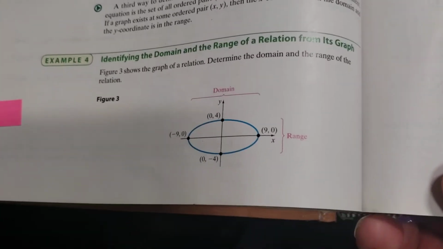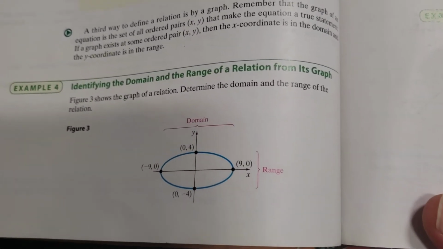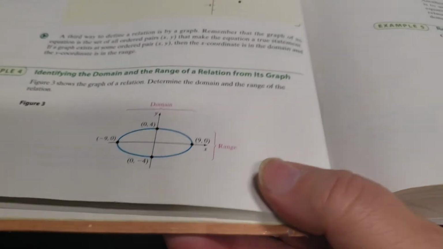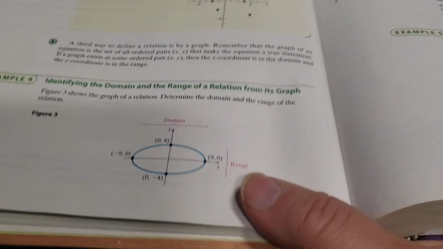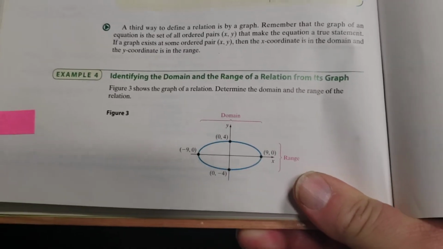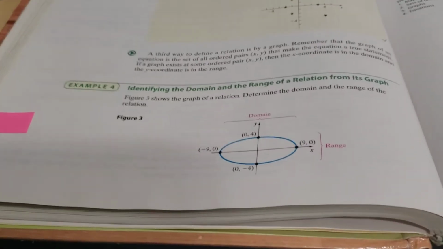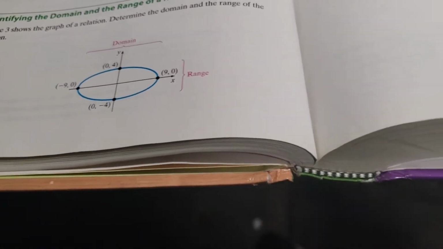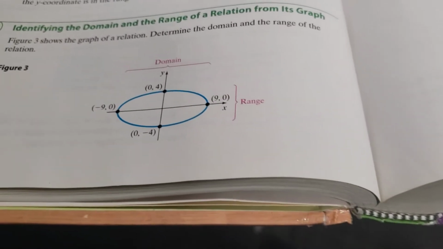The question, and hopefully you're seeing this on your own in some way. I mean, filming the book cannot be a strategy moving forward, but it says to identify the domain and range of a relation. So it's well illustrated.